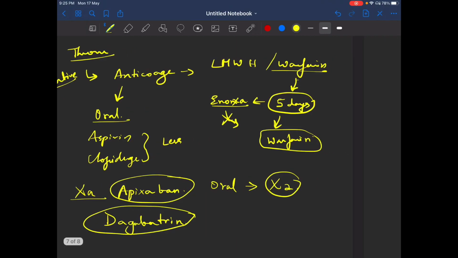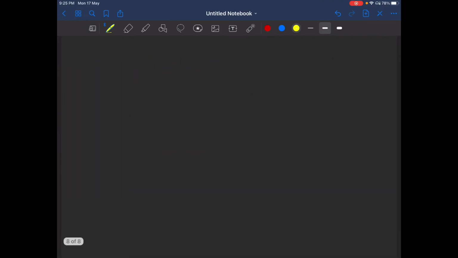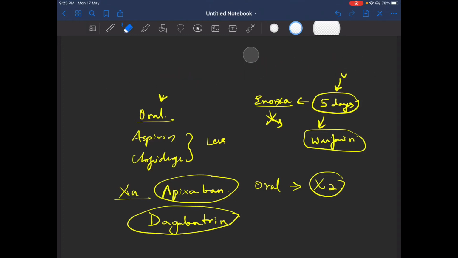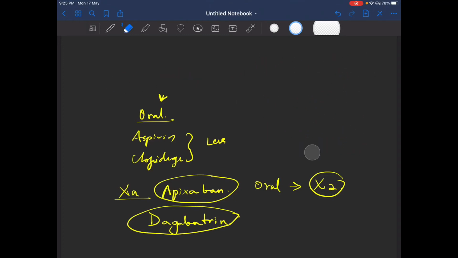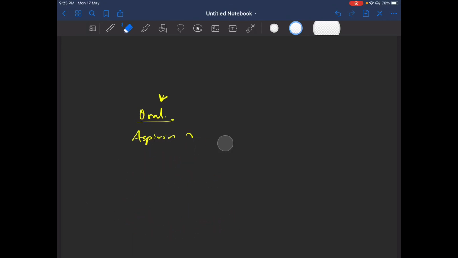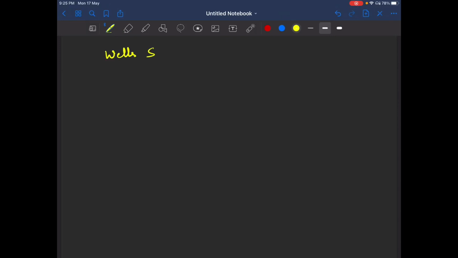As soon as the thrombus occurs, how do we diagnose it? Okay, we'll see here how we diagnose it. As soon as the thrombus forms, there are a few tests which should be done immediately. There is a score called the Wells score.